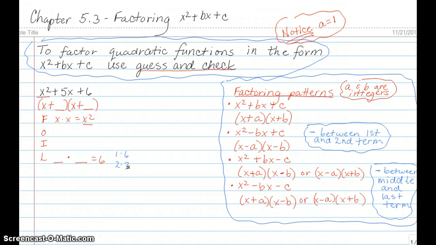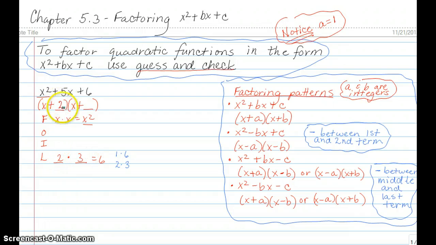What you have to then decide is, because it's plus plus, which amounts added together would give you the middle term of 5x, because when you do outside, inside, you're essentially adding together the two like terms. 1 plus 6 gives us 7, so that's not going to work, but 2 plus 3 will give us 5. So it's going to be 2 times 3, which is 6.